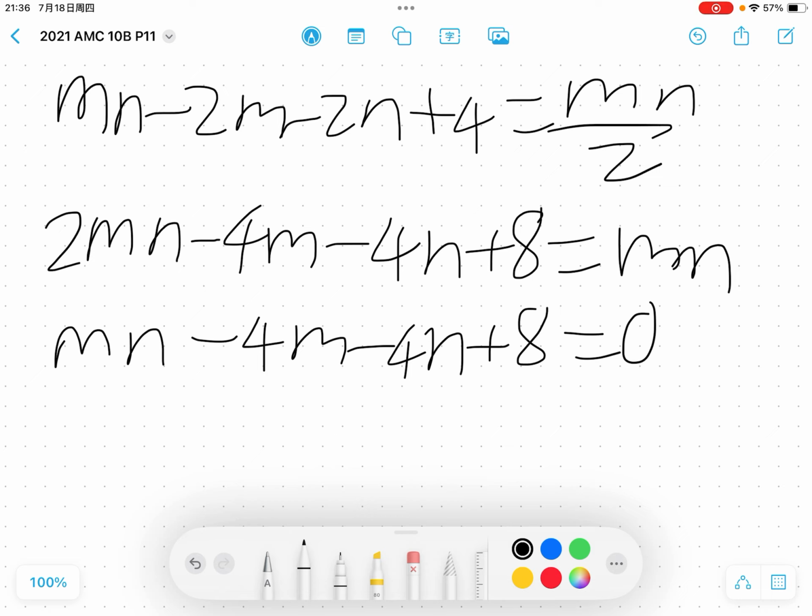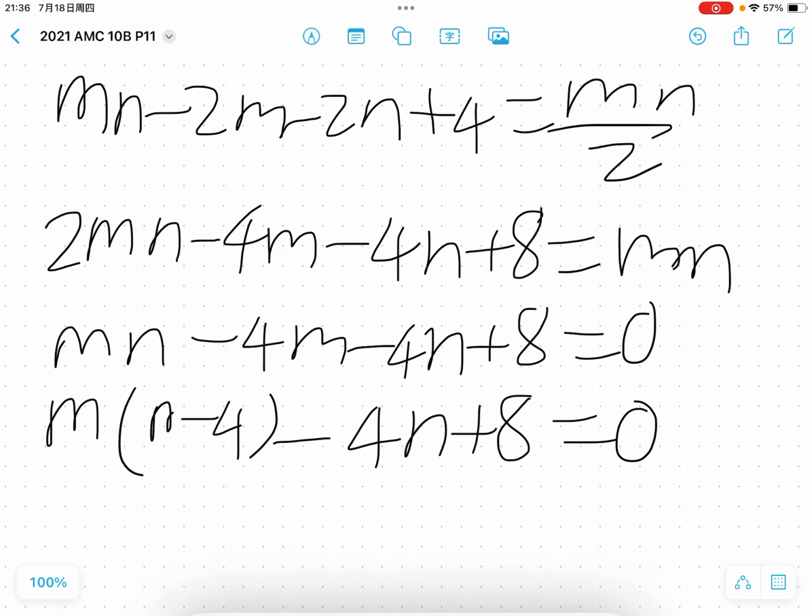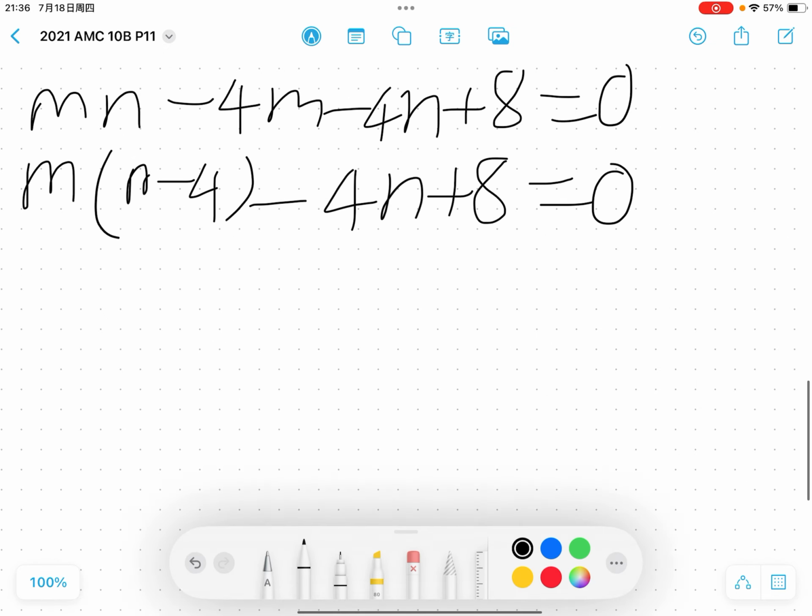This looks familiar, and it's called Simon's Favorite Factoring Trick. Basically what we do is we factor m first, and we get m times n minus 4 for the first 2 terms. We leave the last 2 terms alone, and now after the first step we try to make negative 4n plus 8 a multiple of n minus 4, so we can factor this. So what can we do?